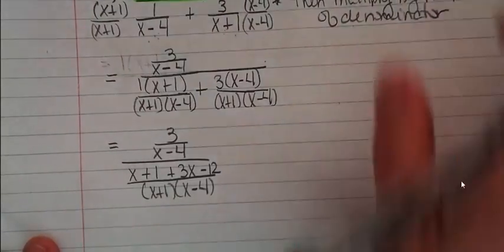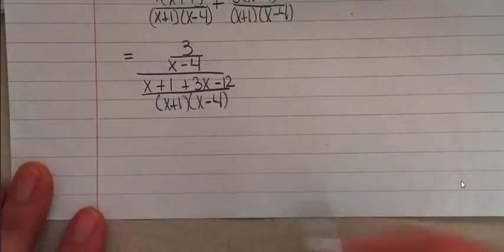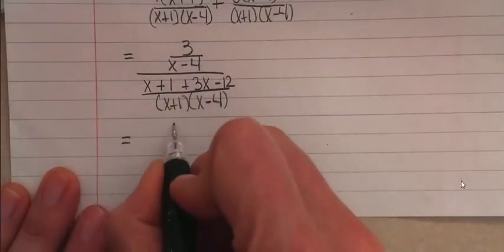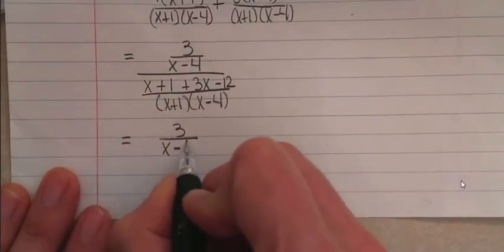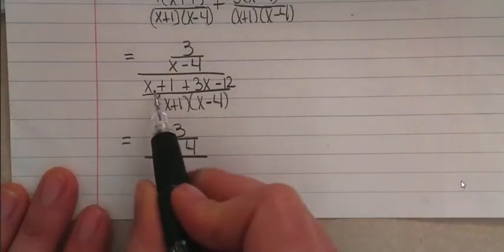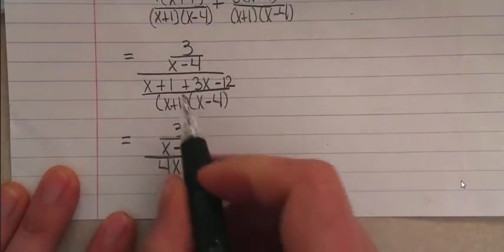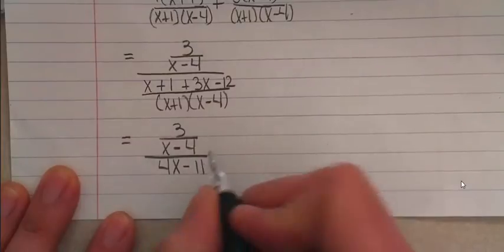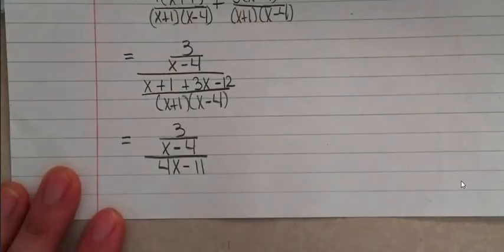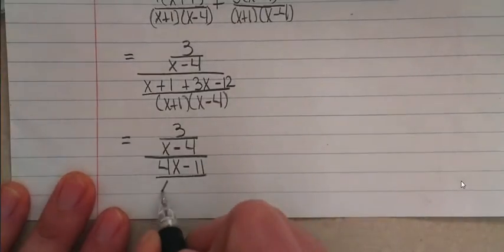So simplifying that, leave my numerator alone. It looks like I've got 4x minus 11 all over that denominator.